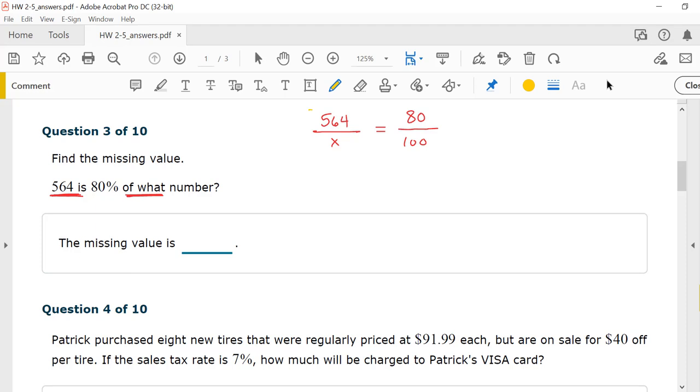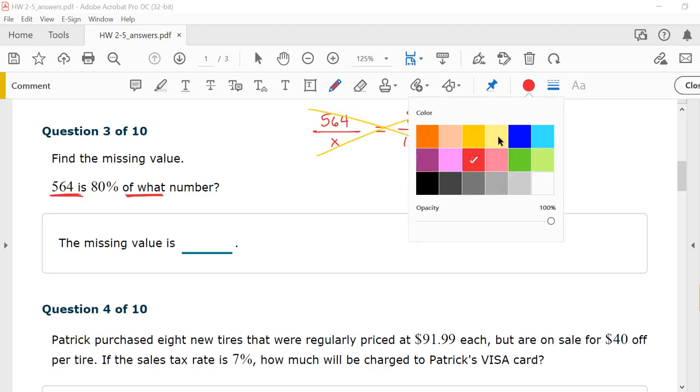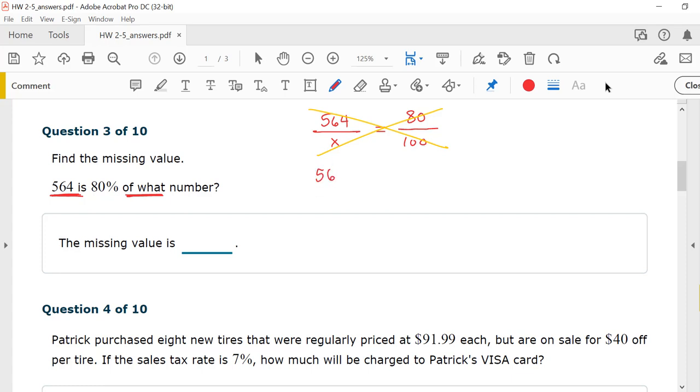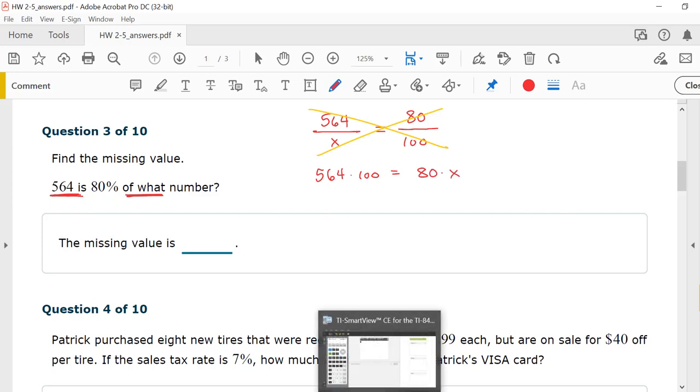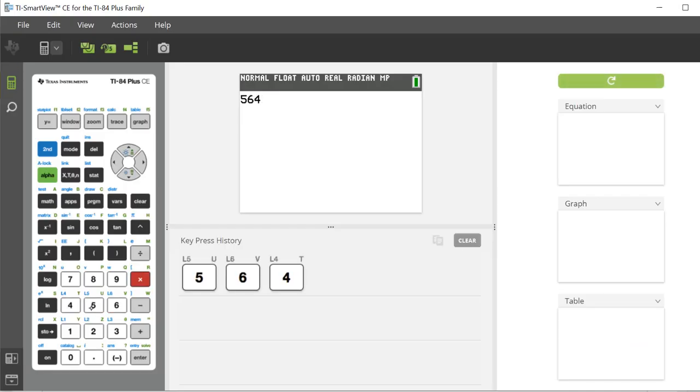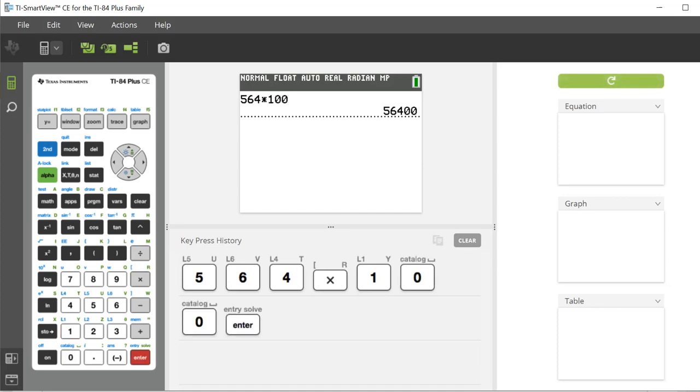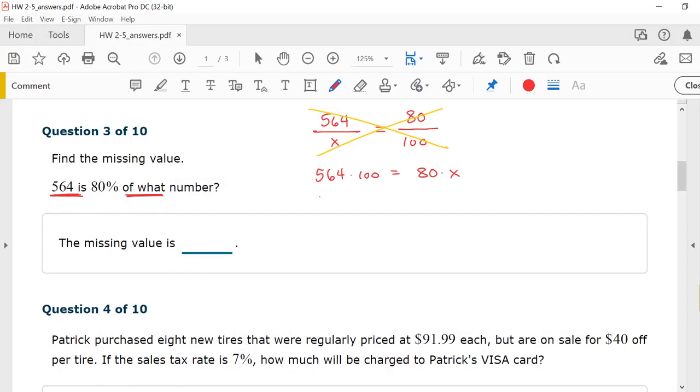Cross multiply. 564 times 100 equals 80 times x. So I have 564 times 100 is 56,400, and that equals 80x.